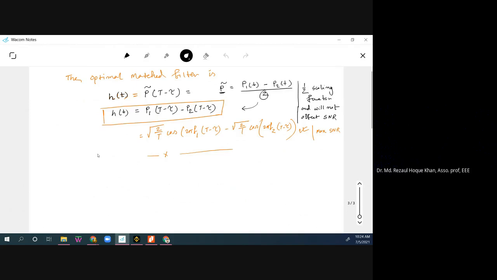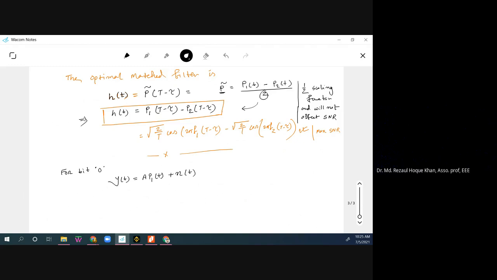So consider bit 0. We always have this combination for bit 0. So for bit 0, y t is A p1 t plus n t. We already know that, and we already have the matched filter.